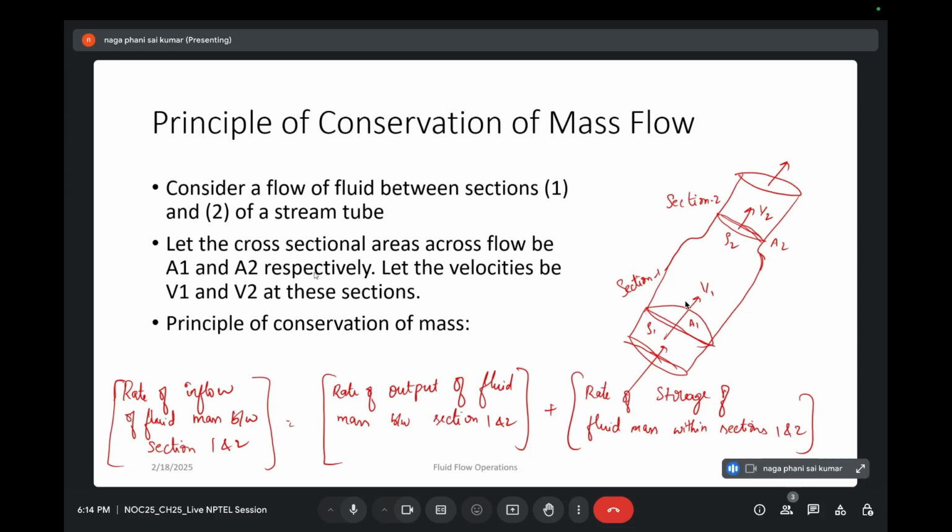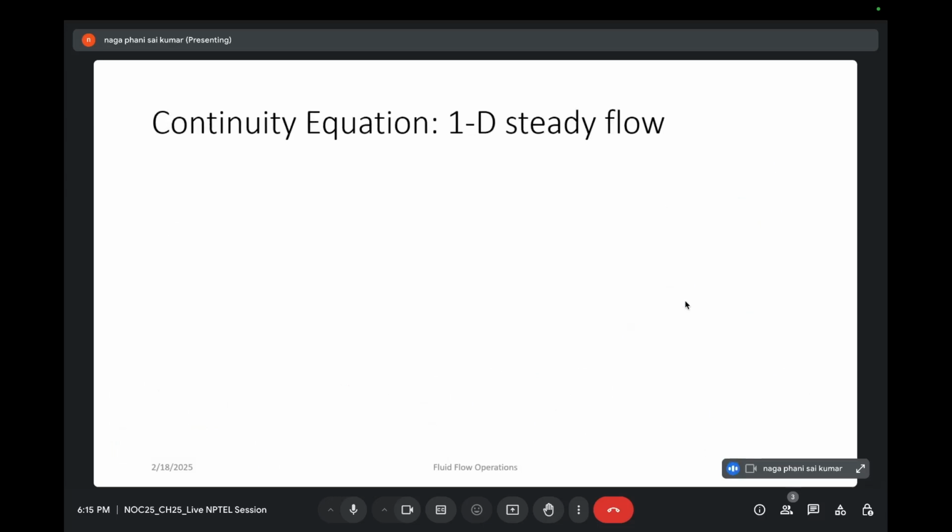Let's say the flow is steady state, if the flow is flowing steadily, then what happens? The accumulation becomes zero, there will not be any accumulation. So whatever mass is flowing in will be coming out.